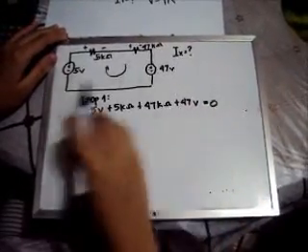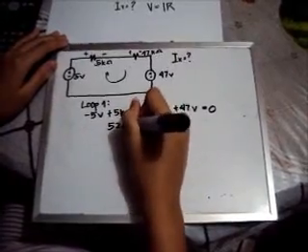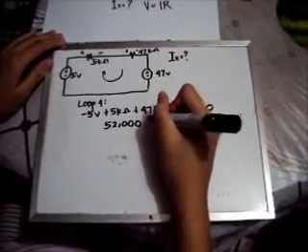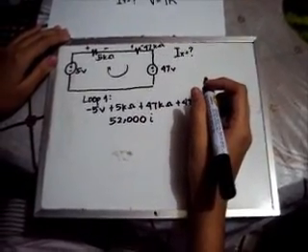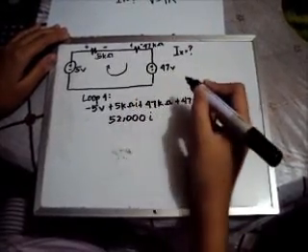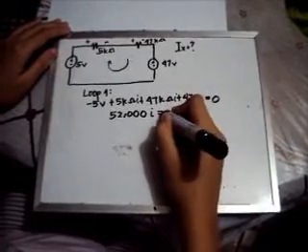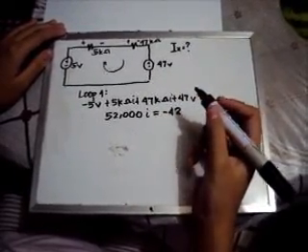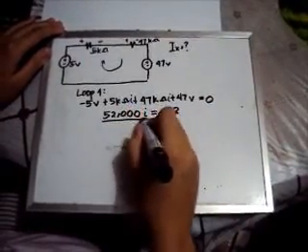Simplifying this, we will now get 52,000 Ix equals negative 42.